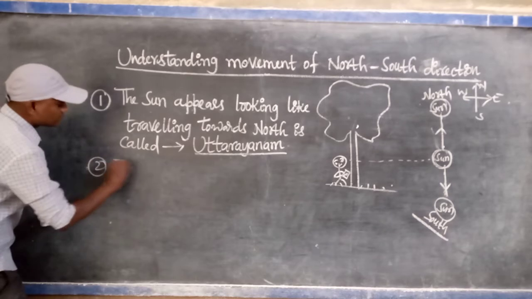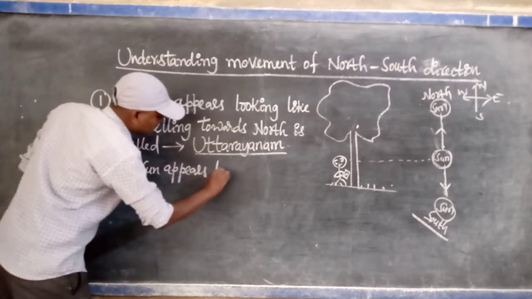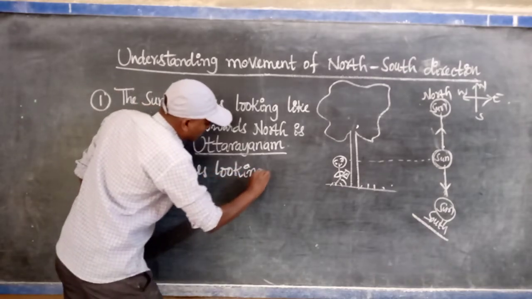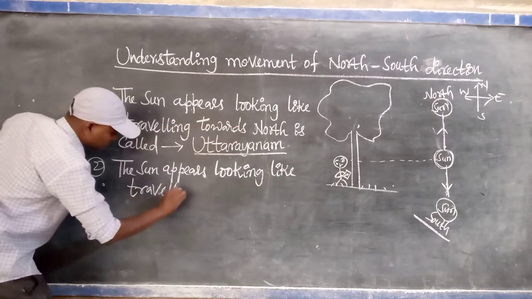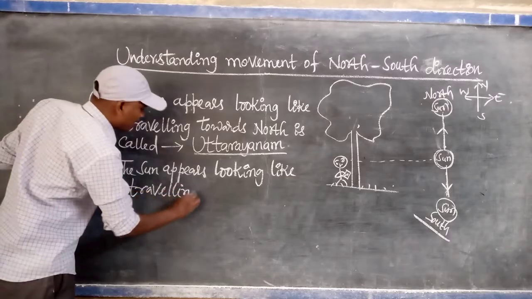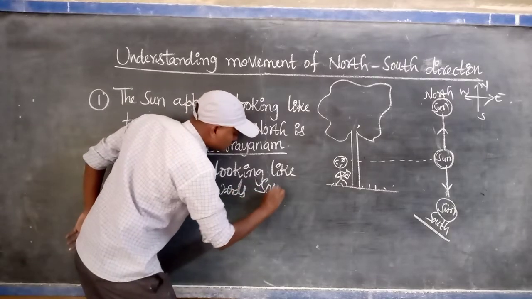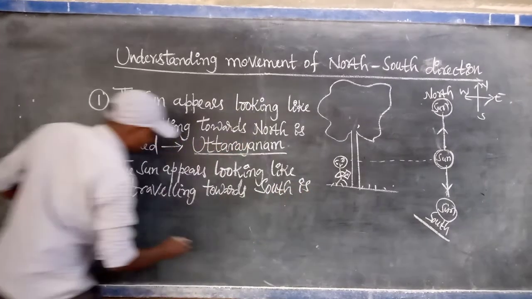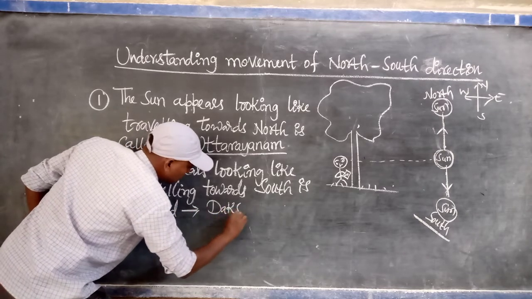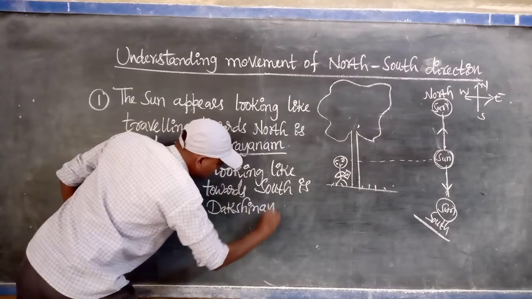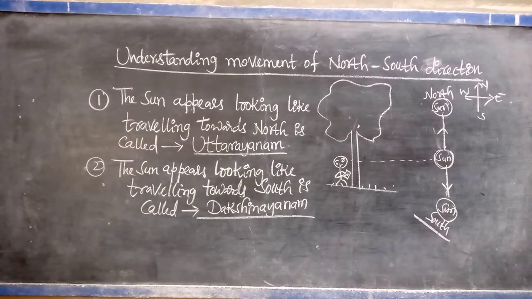And the second thing: the sun appearing to travel towards the south is called Dakshinayana.